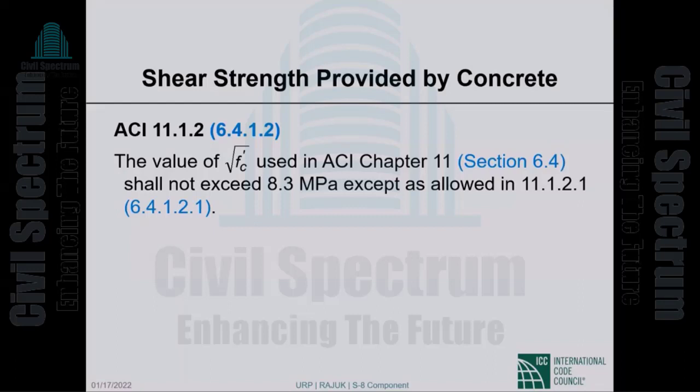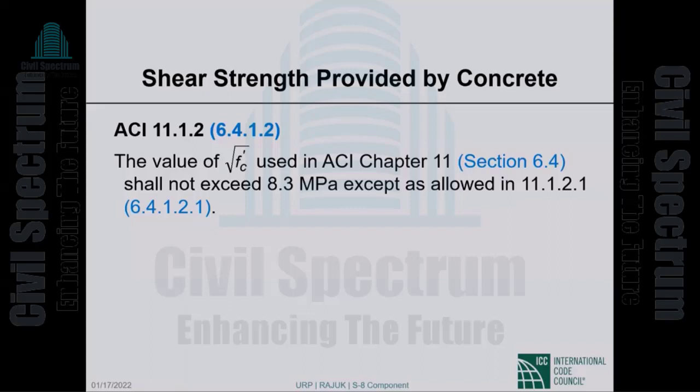So ACI 318 in several editions ago said, let us restrict concrete strength to 10,000 psi, which means square root of f sub c prime shall be restricted to 100 psi. That's what you are looking at here. 8.3 MPa, square root of f sub c prime.